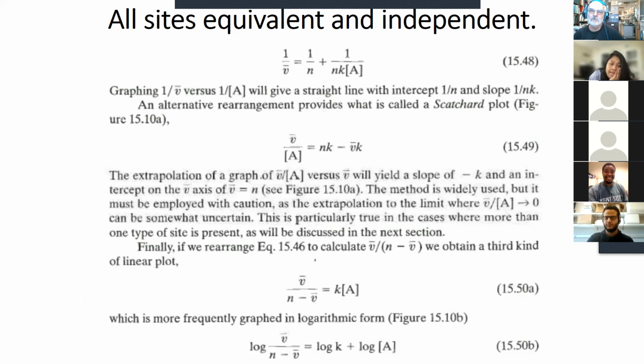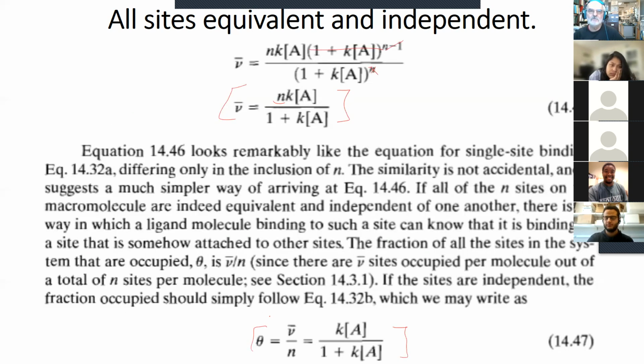Okay, and so one of the ways of doing this is to simply turn the equation upside down. So if you take this equation at the top and you invert it, you get 1 over nu, and this becomes 1 over nka plus 1 over n.